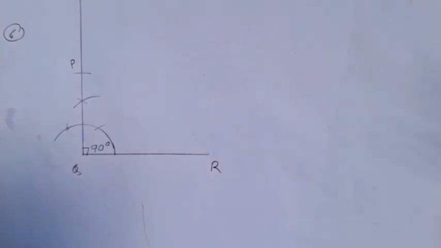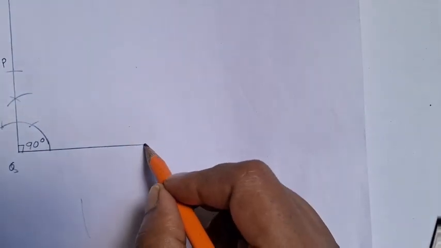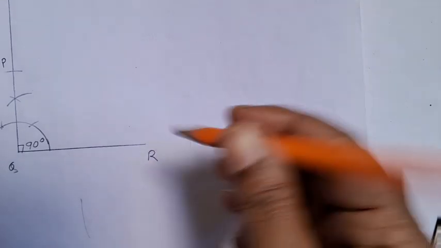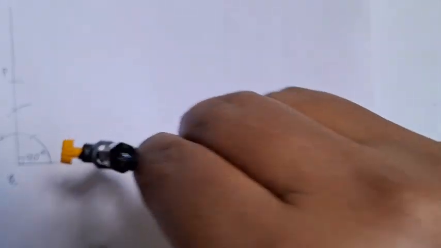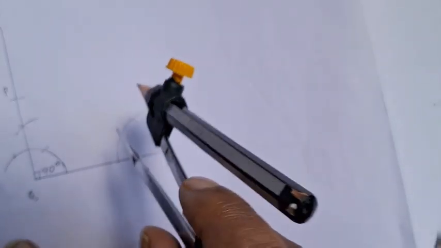And now we have to draw a 120 degree angle at the point R. This is 60 degree and this is 120 degree.